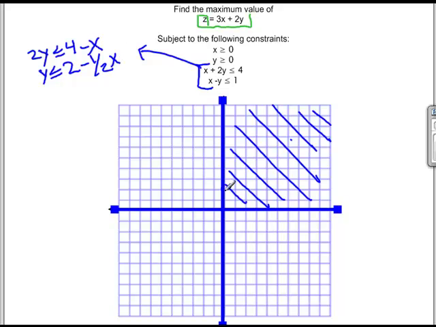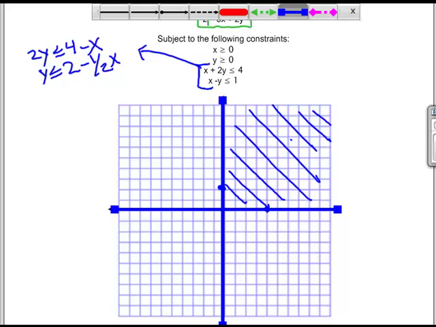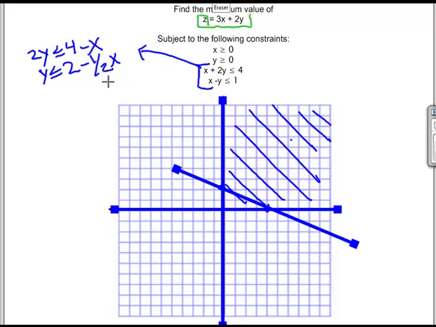So that is starting at 2, and it's got a slope of negative 1 half, so it's down 1 over 2, down 1 over 2. Alright, there's another constraint right there. Has to be less than that line. So we now have a triangle it has to fall into.